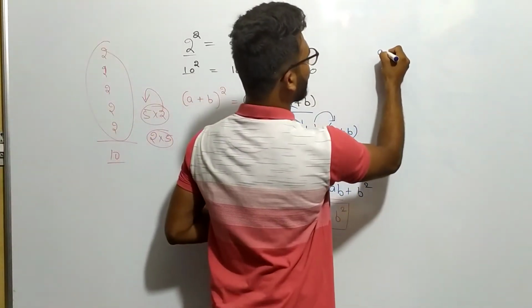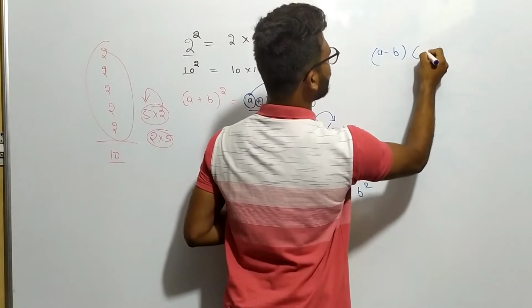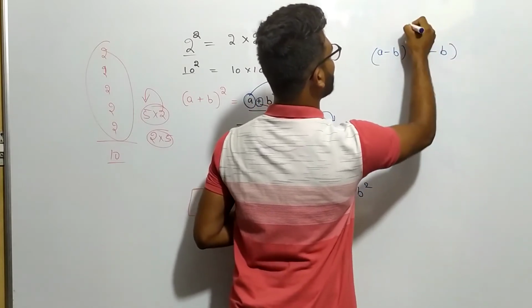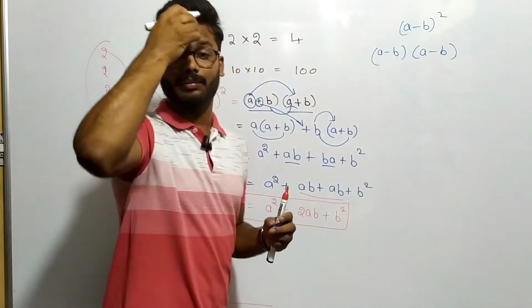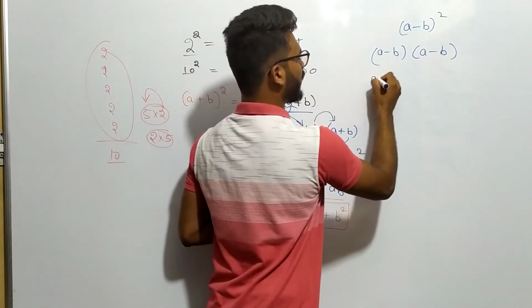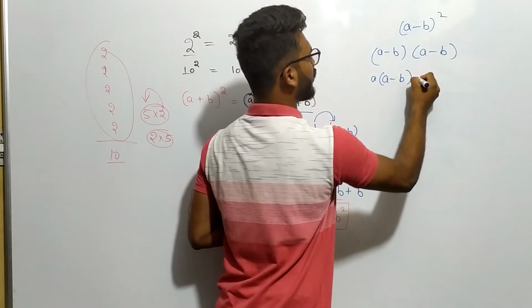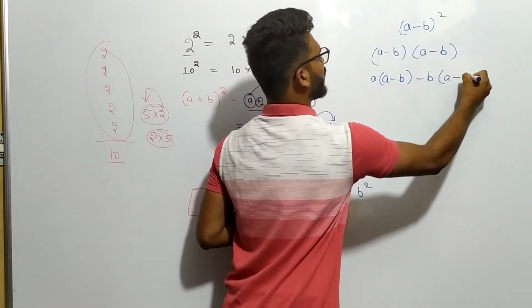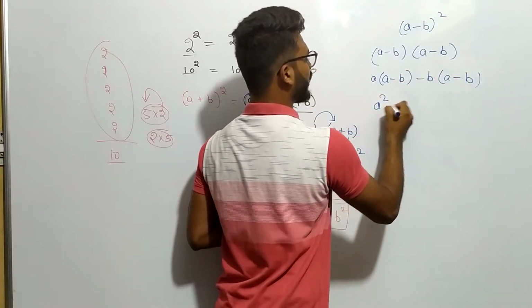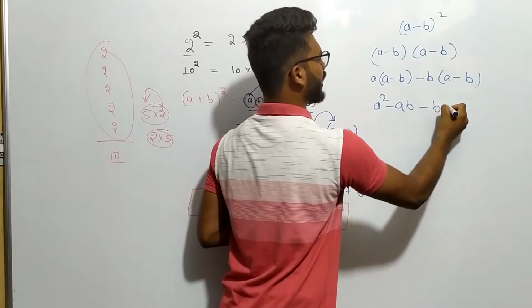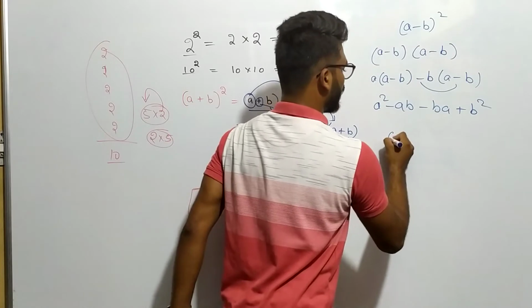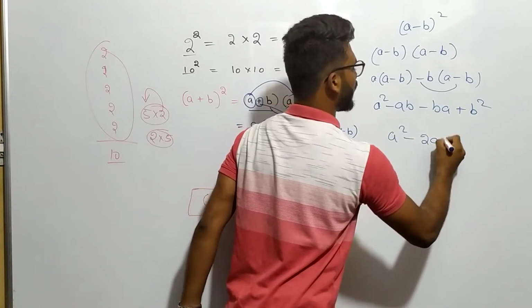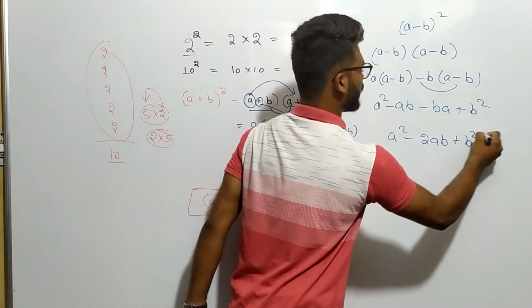A minus b whole square is equal to a minus b into a minus b. So what will you get? First term a into the second bracket, minus b into a minus b. Again we get a square minus ab minus ba, and minus into minus is plus b square. So a square minus 2ab plus b square.